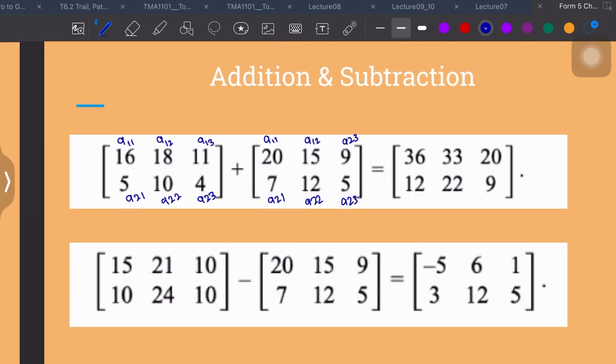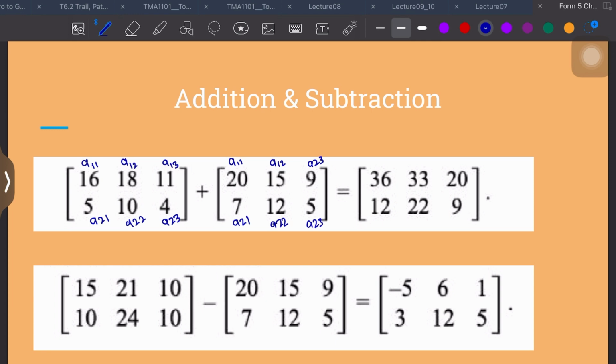For the fundamentals of addition and subtraction, you can see that in a matrix, if we want to sum or subtract, we can only interact with the same position. So A's first row and first column can be added with the other matrix's first row and first column.